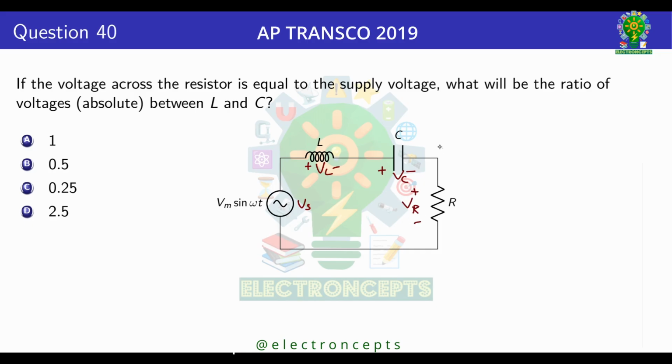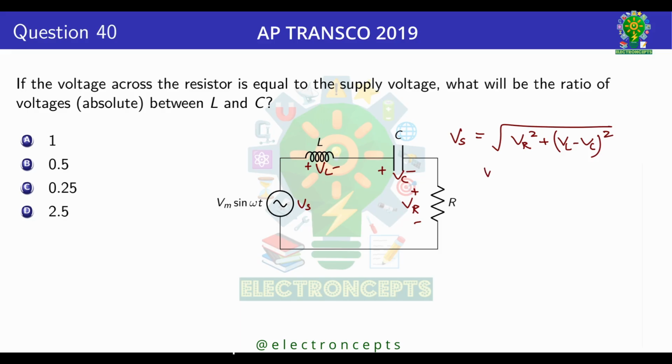For a given series RLC circuit, supply voltage can be written as square root of Vr square plus (VL minus Vc) whole square. In the question, it is mentioned that voltage across resistor is equal to supply voltage.